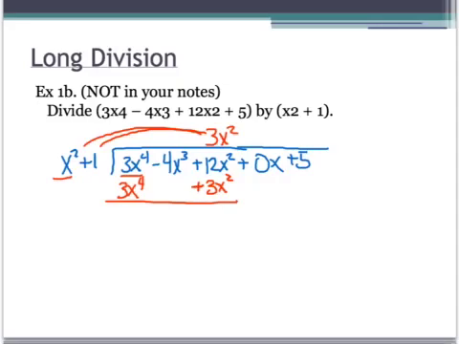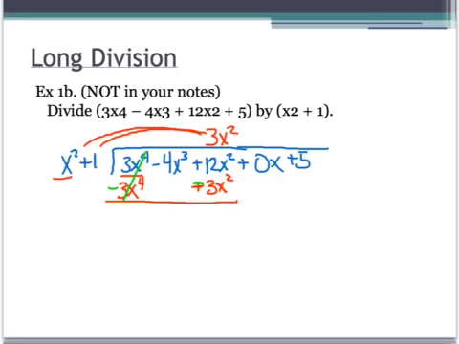And I subtract. But when I subtract a quantity, you need to distribute each term inside the quantity by negative 1. So the 3x to the 4th becomes negative, and the 3x squared is going to become negative as well. So these two add up to 0.